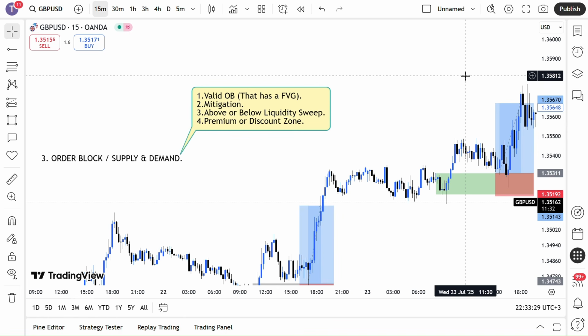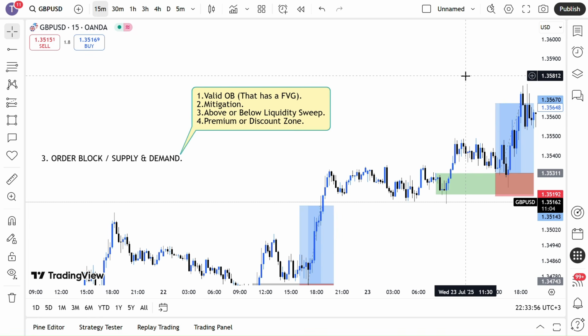This depends on the trend of the market. If it is in a bullish trend, you should look for an order block that has a sweep of liquidity above it, and if it is in a bearish trend, you should look for that order block that has liquidity just below it, so that it can be your valid order block.